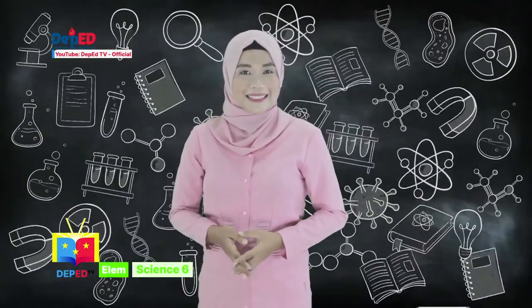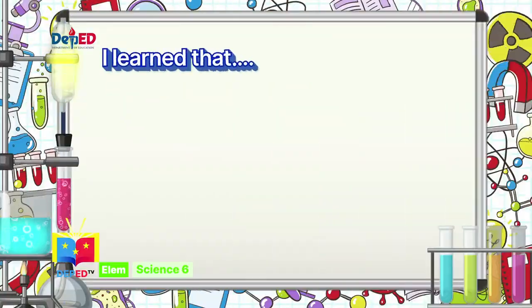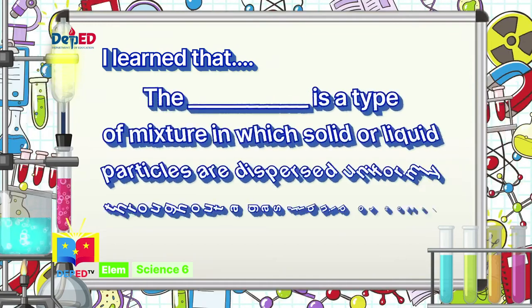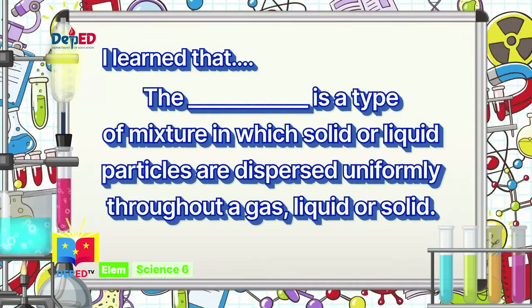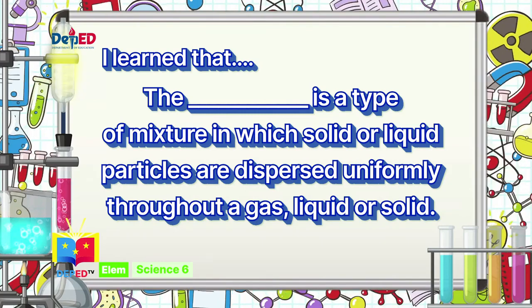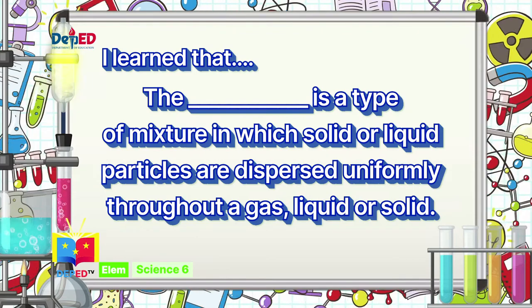Complete the statement. Write your answers on your paper. I learned that the blank is a type of mixture in which solid or liquid particles are dispersed uniformly throughout a gas, liquid, or solid.